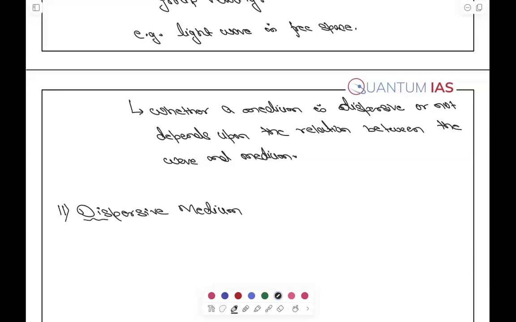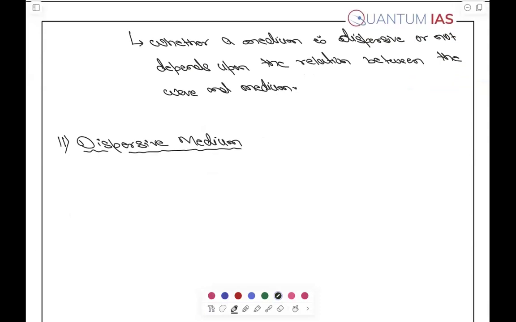Yes or no? We cannot say. No, sir. It depends: if it is a sound wave it will not be dispersive, and if it is a light wave it will be dispersive. So it depends upon which wave we are using. Depends upon the wave, right? Data insufficient. When someone asks you whether a given medium is dispersive or not, you will say the data is insufficient. Which wave is it? Very good. So it depends upon whether the wave equation is given or not.